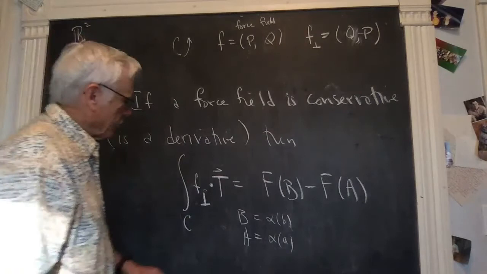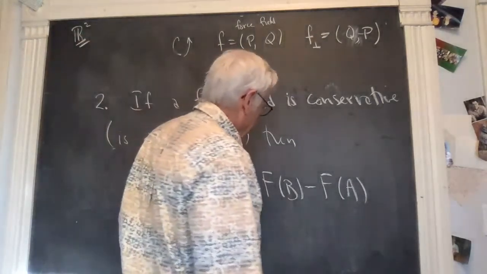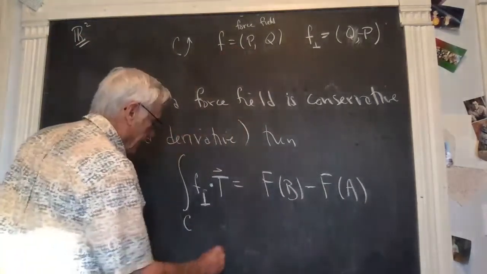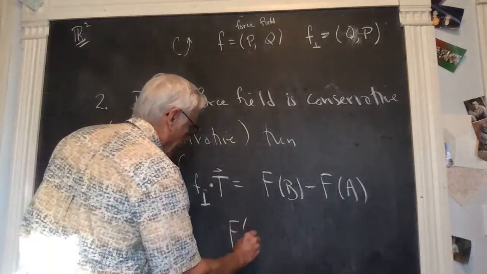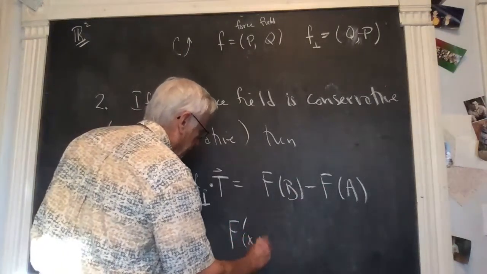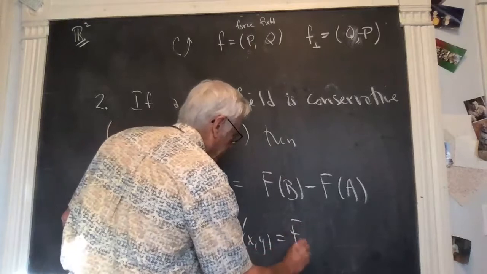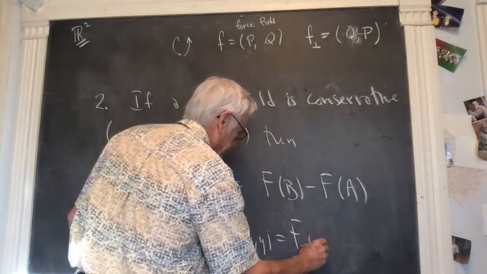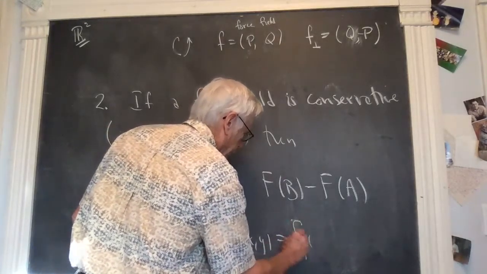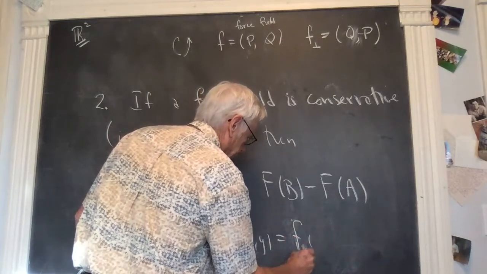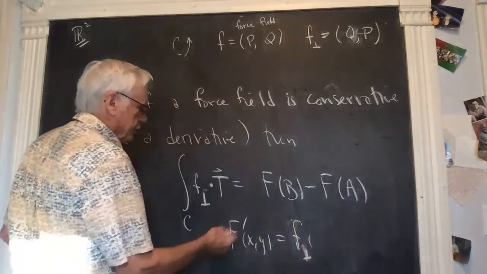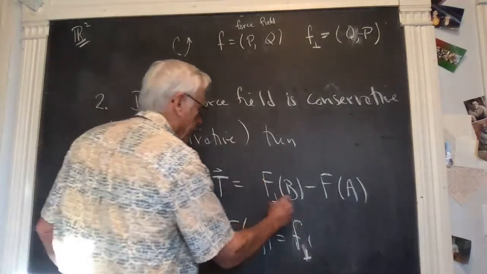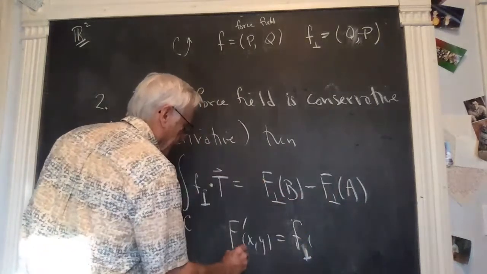And this is again going to be F of b minus F of a if F prime of x, y is little f perp. So if a function has an antiderivative, maybe I should have called this capital F perp.